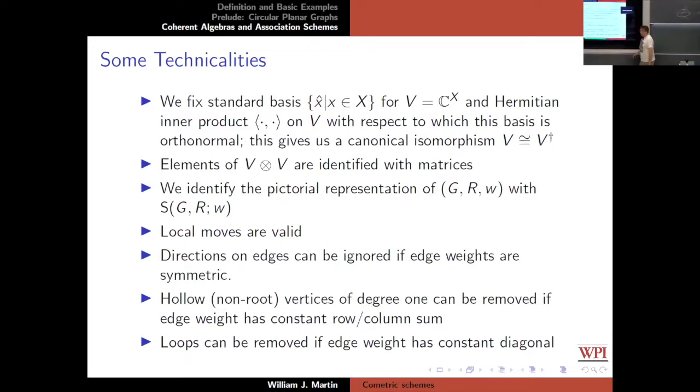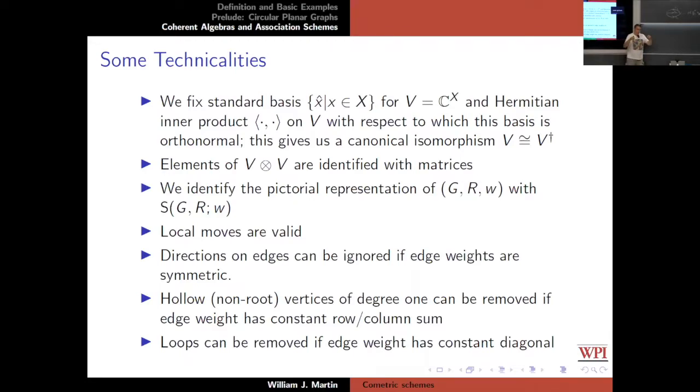So that way elements in V tensor V are considered as matrices. Identify just the picture, the data displayed, we have the convention that it is the tensor, okay? It doesn't represent the tensor, it is equal to the tensor, okay? So I'm going to put equal signs between these depictions of the data, okay?